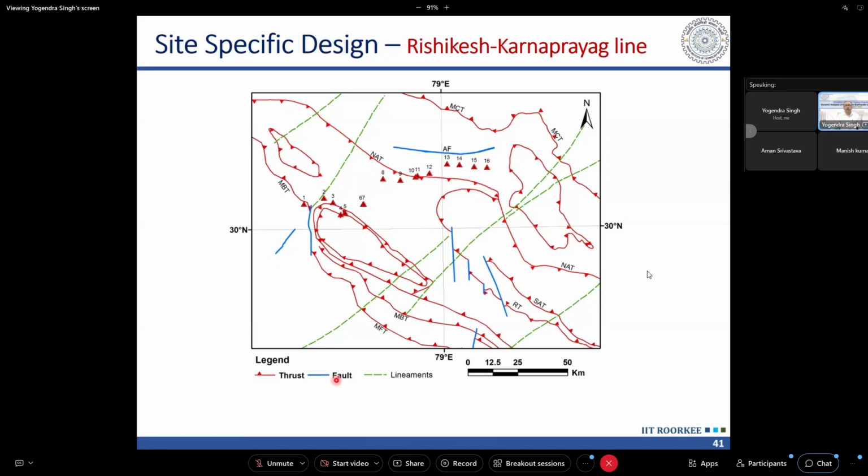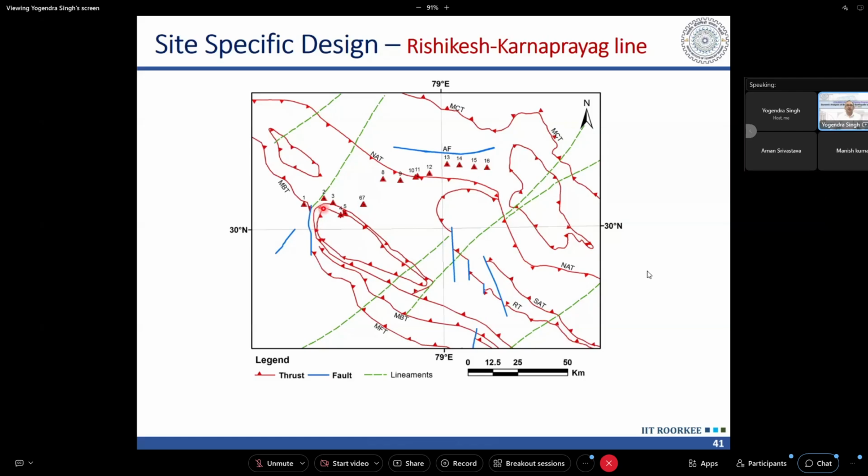What you see here is a study which we have conducted for the Rishikesh Karnaprayag new railway line. There are a total of 16 bridges. Now a few more are also added, but in the original study there were 16 bridges. These triangles show the locations of those bridges. And these lines which you see are all faults.